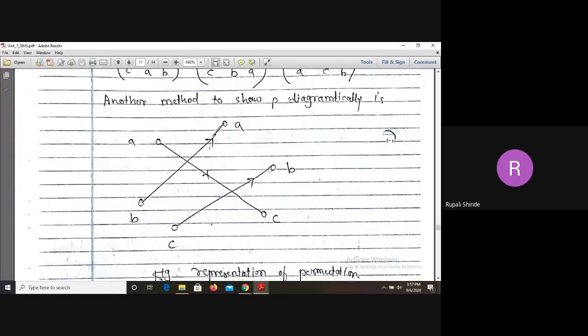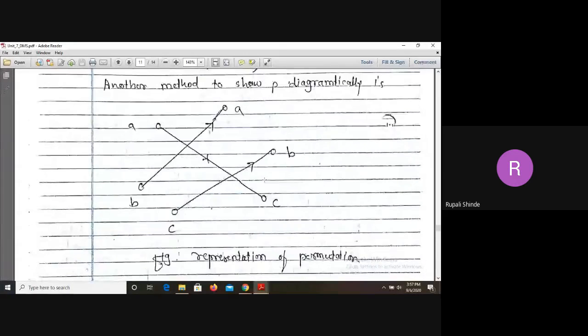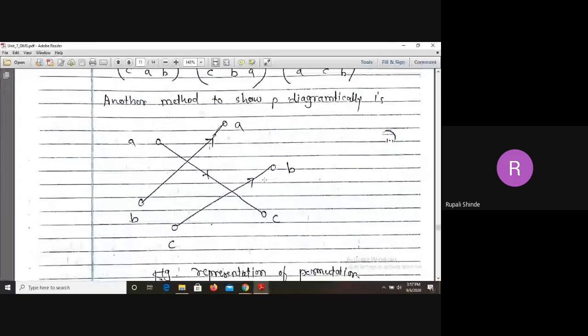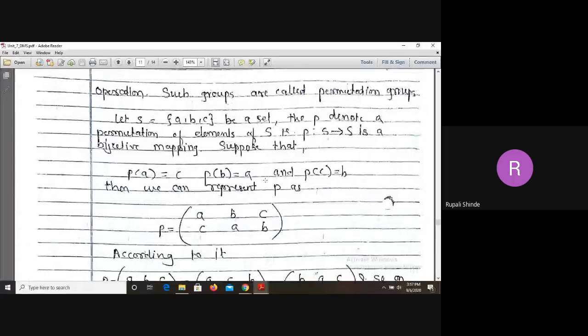The direction of the arrow is from C to B. So in this way we can represent any permutation. Have we understood what a permutation is? How we can represent it?